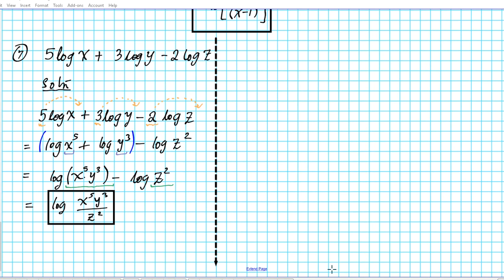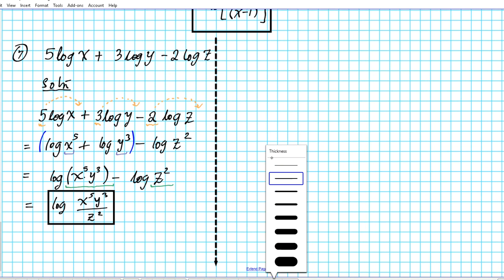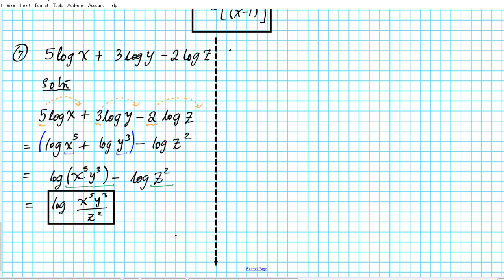Alright, let's go ahead and take a look at the last example, which is question number 8. Let's say we had to condense the logarithmic expression: the common log of x minus 3 times the quantity common log of the quantity x minus 3 plus the common log of the quantity x plus 3.